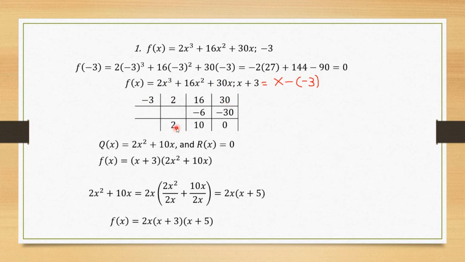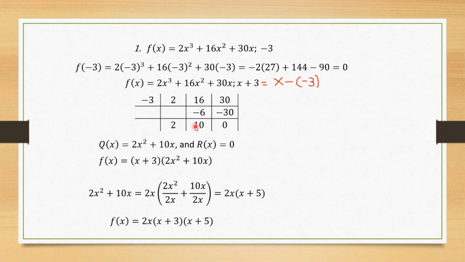The 2 we bring down. We have minus 3 times 2. That's minus 6, right? 16 plus minus 6, that's 10.